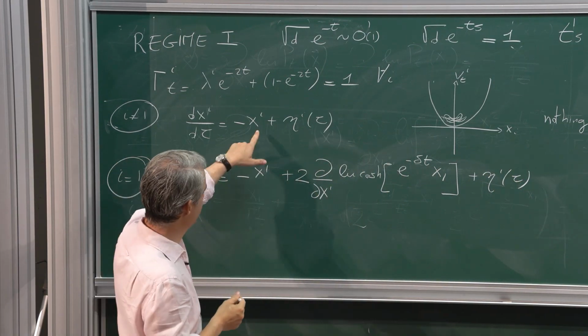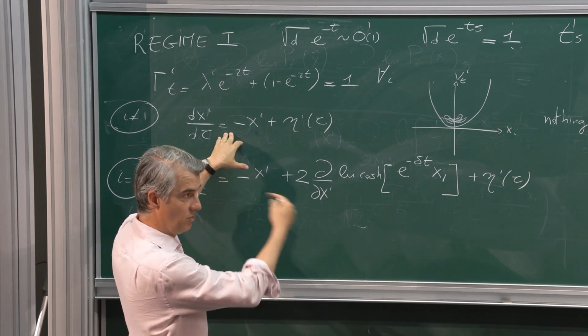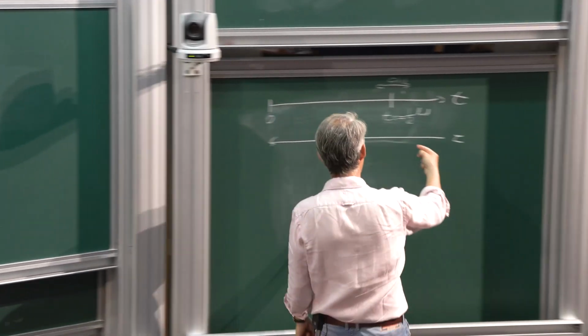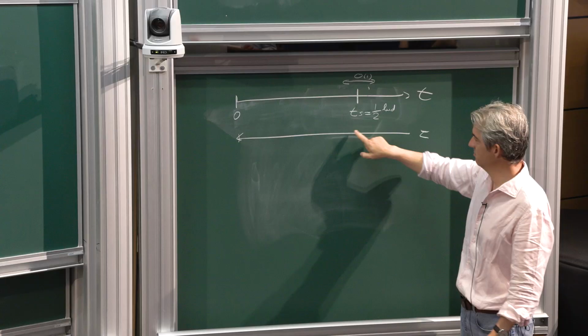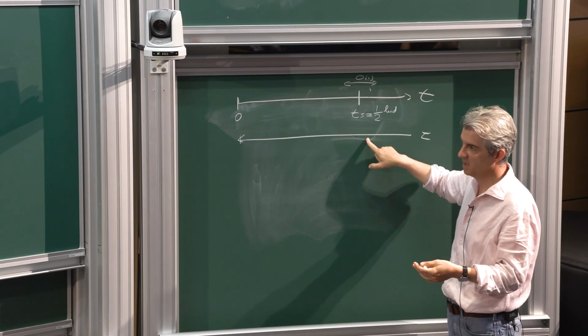Exactly as I said, the others are Ornstein-Uhlenbeck processes: all the xi in this time regime are doing nothing, just fluctuating in their well.